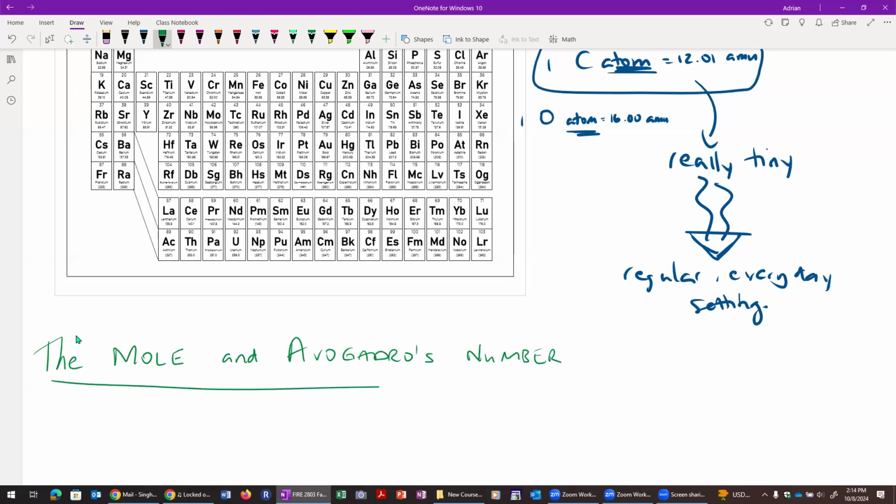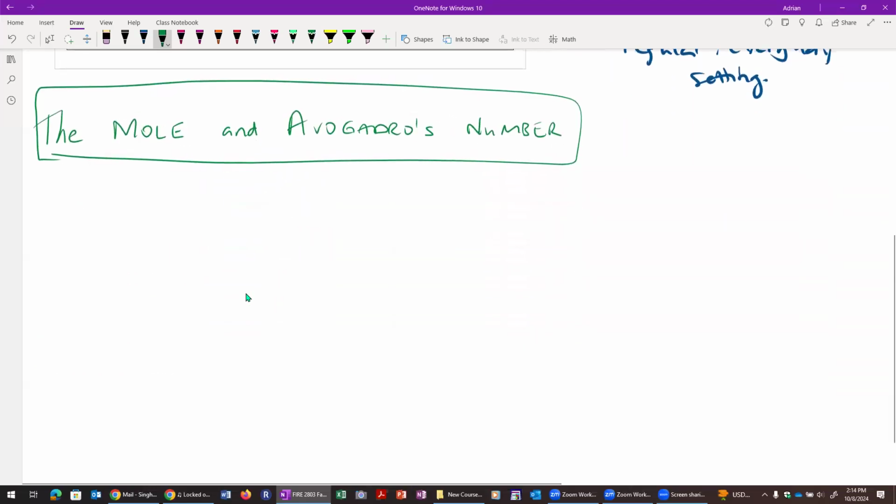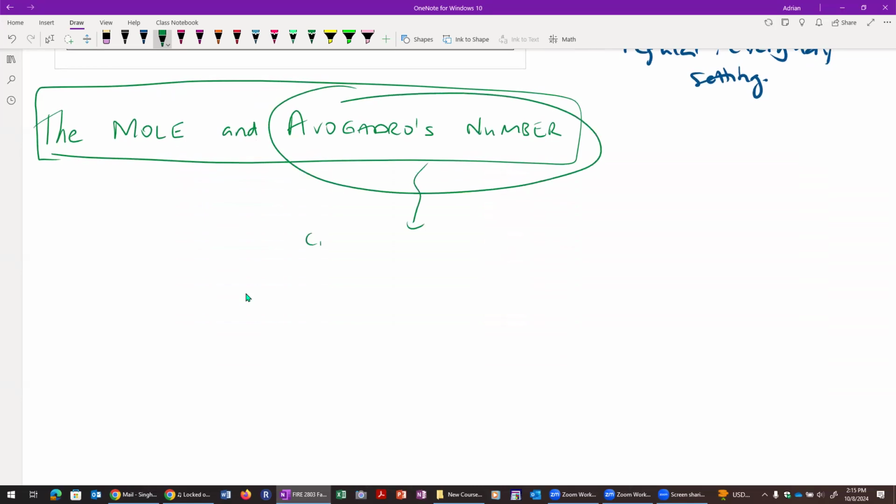And both of these two things, the mole and Avogadro's number, you take any chemistry class, they're a big part of any chemistry class. So what does this actually mean? Well, you can think of Avogadro's number as just a counting tool that we use in chemistry, similar to or analogous to other counting measures that you are probably already used to.